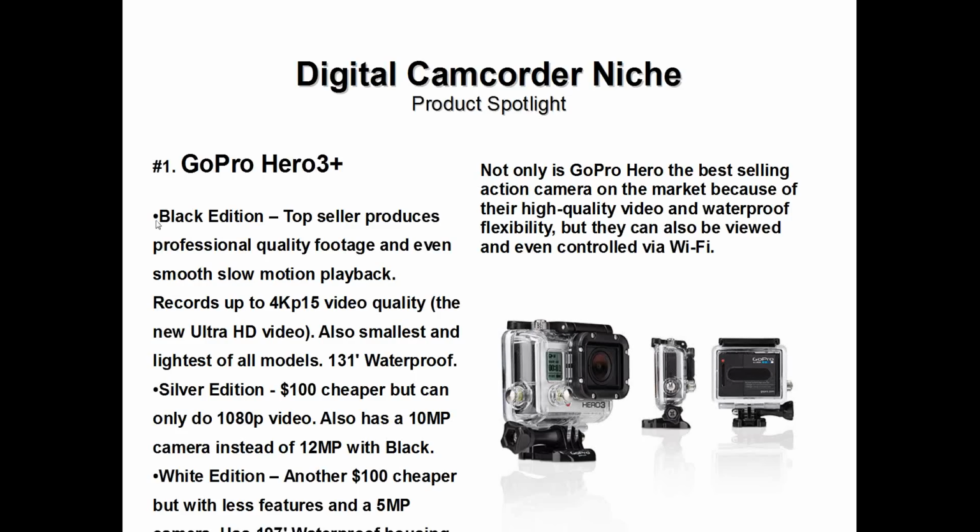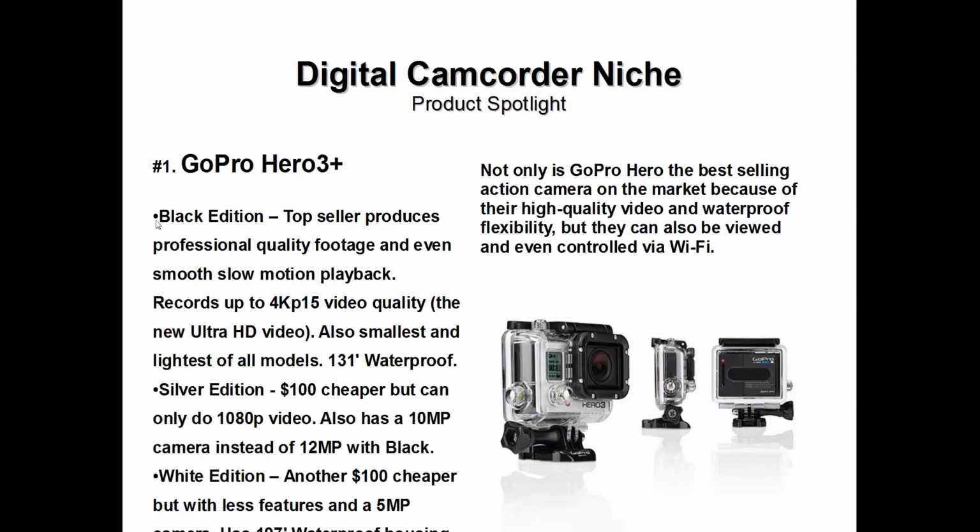This top-selling product, while it's also the most packed with features, is the most popular of all the GoPro Hero 3 camera models. Simply because people that are doing this type of stuff, that want this particular type of camera, they're looking for high quality video.